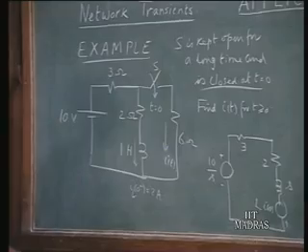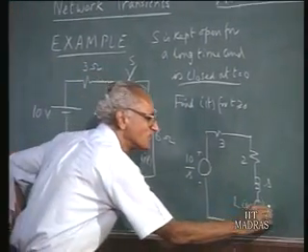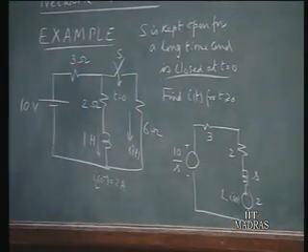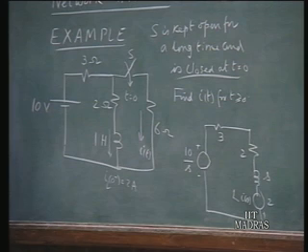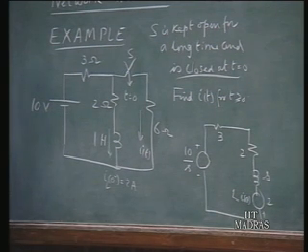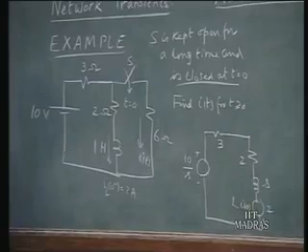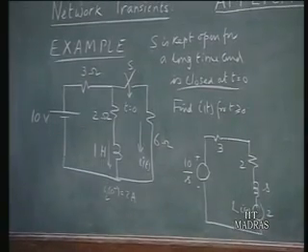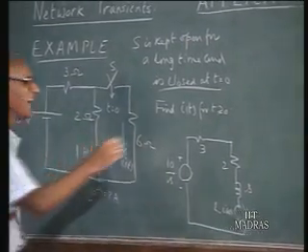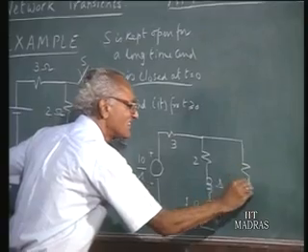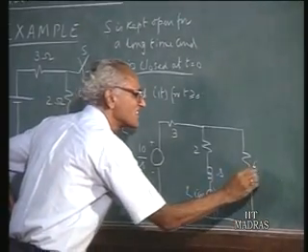Therefore, L i0 is 2 volts. So the strength of that voltage source is L times i0, which is 2. We are substituting 0 minus values. In this case, 0 minus and 0 plus are one and the same, but we are substituting 0 minus values because they come naturally to us. And then you have the 6 ohms resistance.